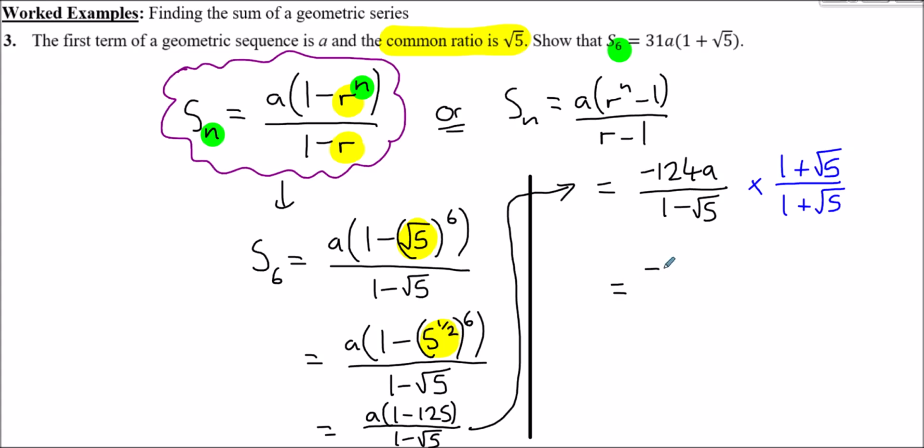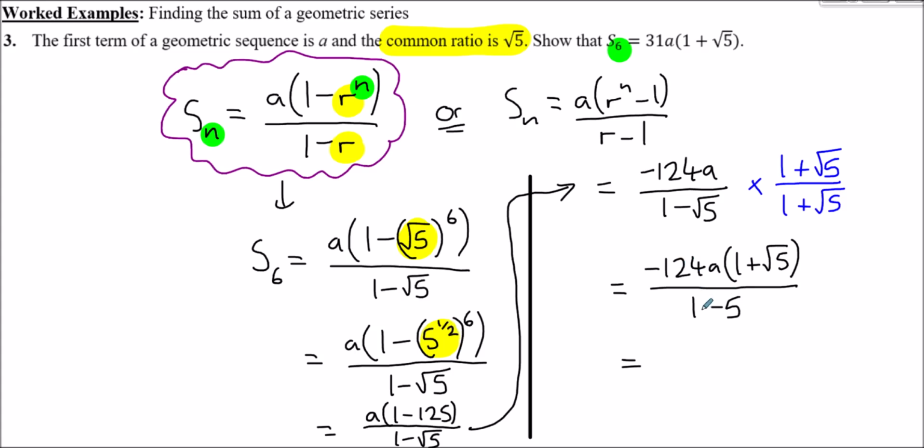So on top, we can have minus 124a multiplied by 1 plus root 5. On the bottom, we've got a difference of 2 squares. So 1 times 1 is 1. Root 5 times minus root 5 is minus 5. So minus 124, this becomes minus 4.